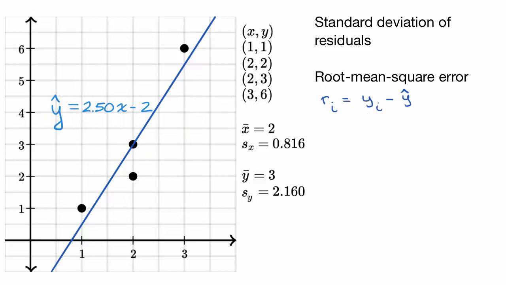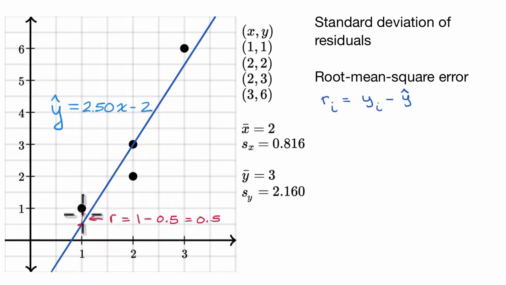So for example, and we've done this in other videos, this is all review, the residual here, when x is equal to 1, we have y is equal to 1, but what was predicted by the model is 2.5 times 1 minus 2, which is 0.5. So this residual is equal to 1 minus 0.5, which is equal to 0.5.